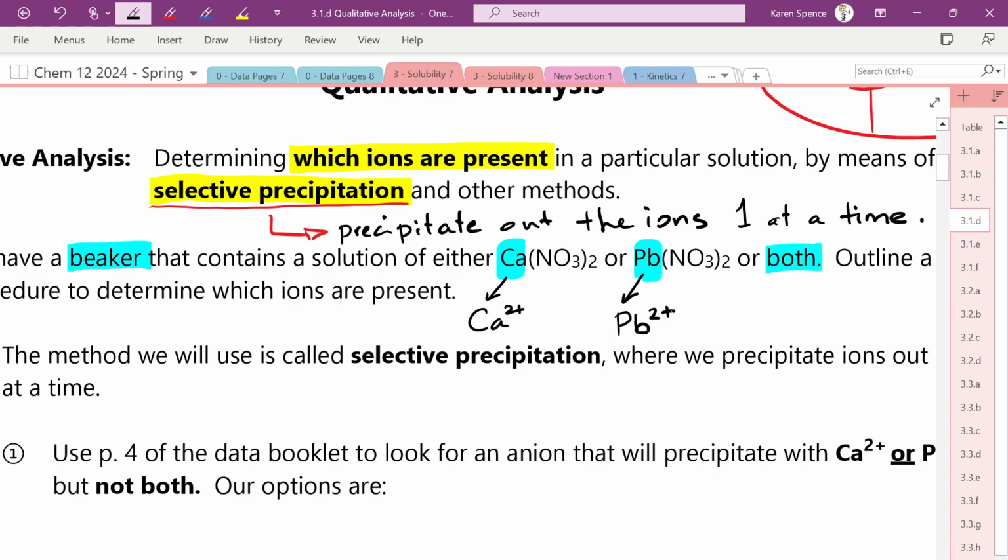Pb2+. Or we might have both. Why am I ignoring the nitrate? Because nitrates are soluble with everything, and that means that those nitrates are just spectator ions. Okay?